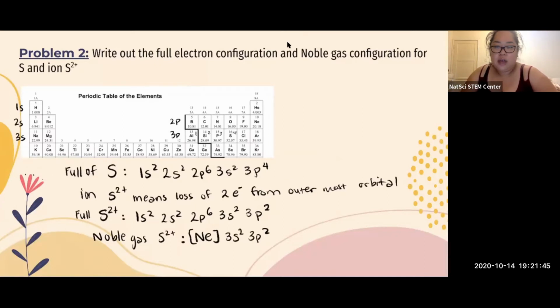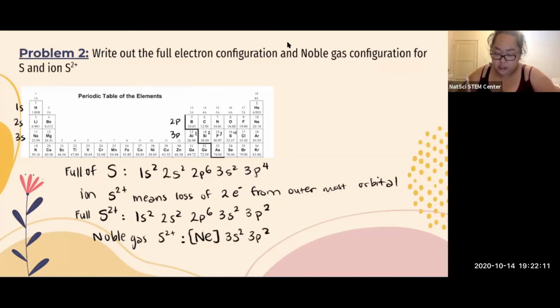Then to do the ion, S2+, notice that it has a 2+ charge. What that means is you have a loss of 2 electrons. When you lose electrons, you have a positive charge, and you lose your electrons from your outermost energy orbital. In this case, it's the p orbital. The p orbital is further than the s orbital.